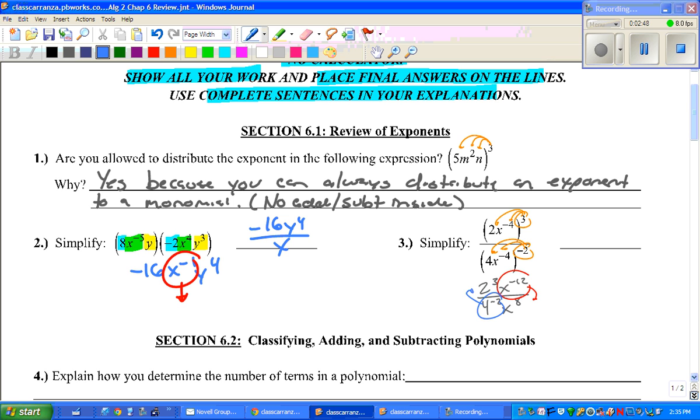If it's already on the bottom, you bring it to the top. So that gives us 2 cubed, 4 squared on the top, and x to the 12th, x to the 8th on the bottom, which is x to the 20th. 2 to the third is 8, and 8 times 16, you can do that on your multiplication chart, and you get 128 x to the 20th.